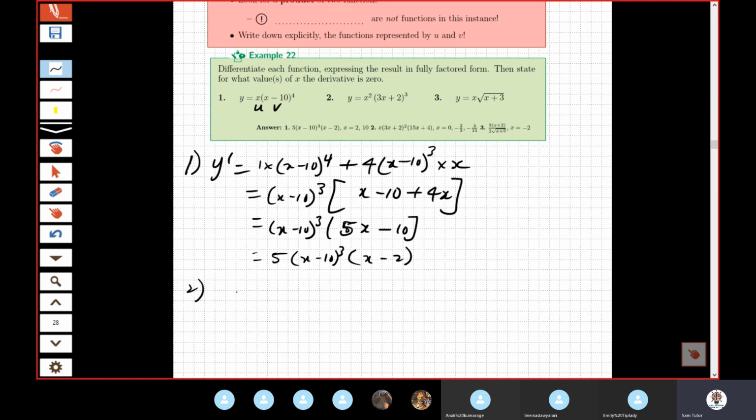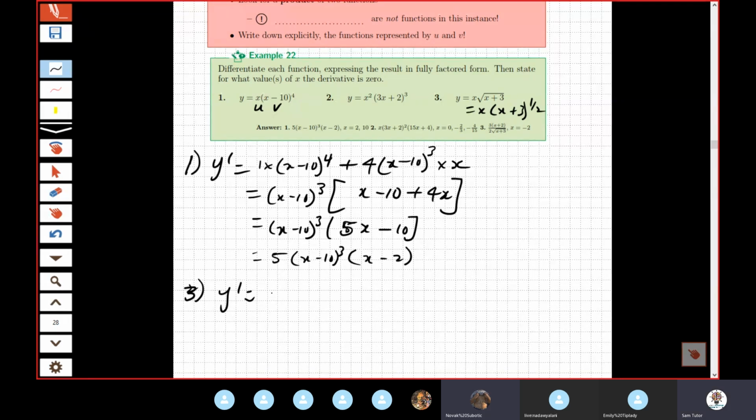Question 2. Novak, you might as well just do question 3. All right, go ahead. y dash equals? It's u v dash plus v u dash, sorry. So then that would be x.